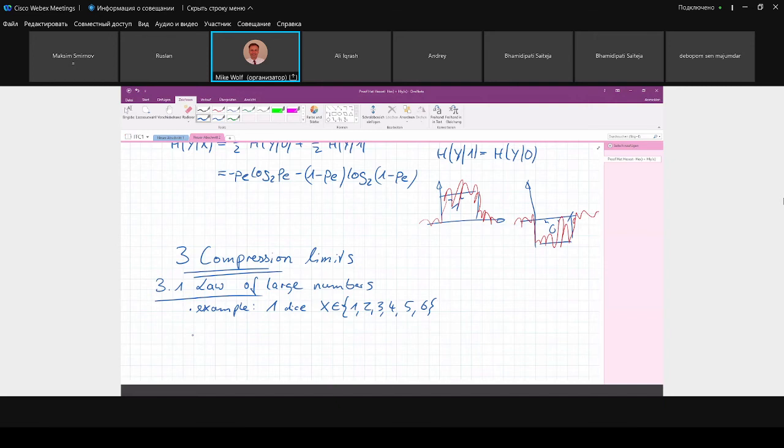Now let's consider a length 6 sequence. This is just an example; it has nothing to do with the dice having 6 possible values.